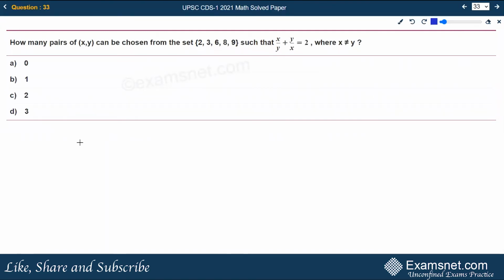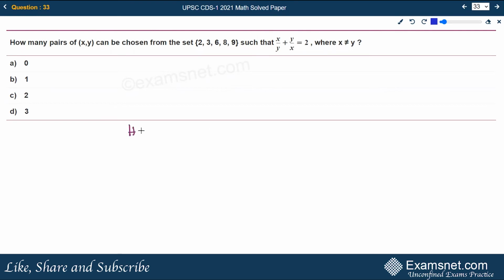In question number 33, we are given: how many pairs x, y can be chosen from the set 2, 3, 6, 8, 9 such that x by y plus y by x equals 2, where x not equals y?